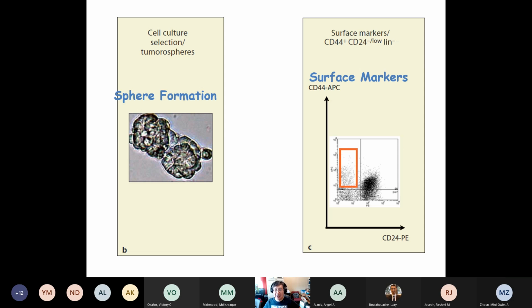On the right is another example, but in this identification we use surface markers. As you can see, we use a combination of positive and negative selection. So these stem cells are defined as CD44 positive, but CD24 negative or low, and they should be lineage negative as well.